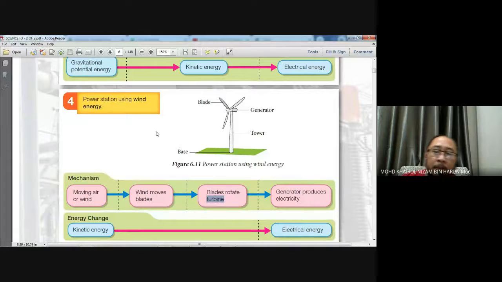Several countries in Europe use this type of power station, in which they use the potential of wind, moving air, in order to rotate the turbine. This is the example of a power station using wind energy.